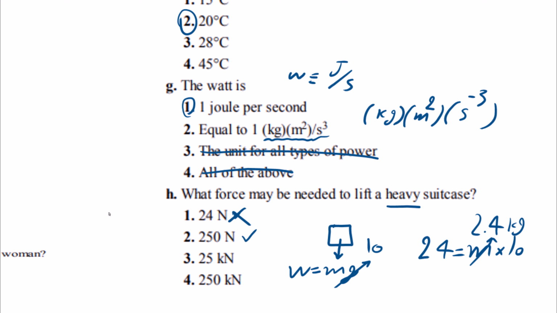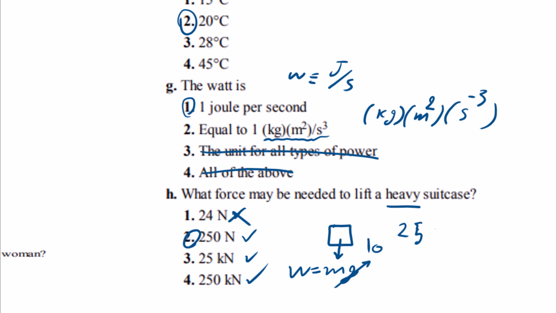The next part, this, we'll write 25 equals m multiply 10. This will be 25 kilogram. Yes, I think it is a nice one. But let's check these two also. 25 multiply 100 for this kilonewton equals m multiply 10.